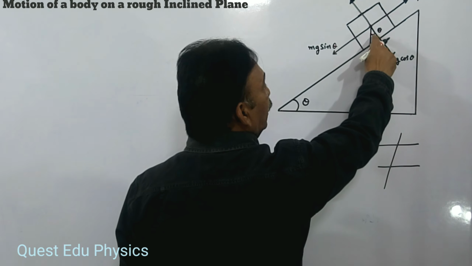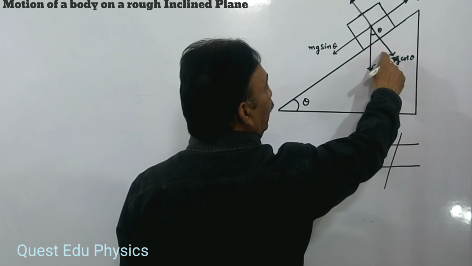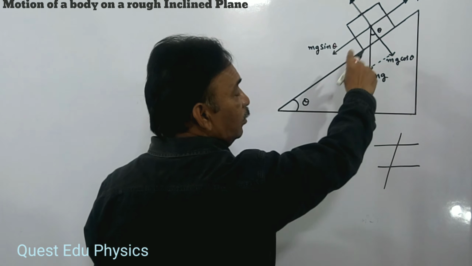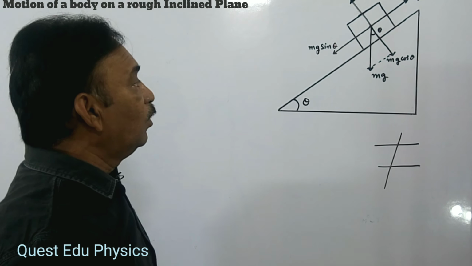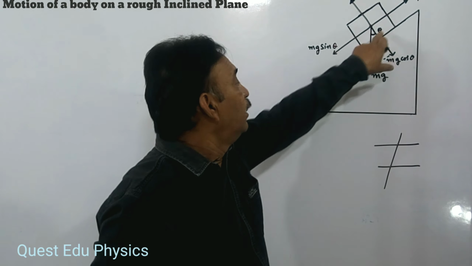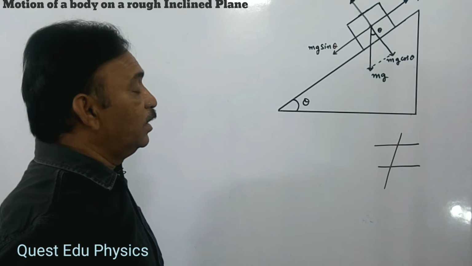In the same way, if it is theta, the other is 90 minus theta. These are transversal angles. That's why we took theta. These two are theta. Understanding, students?